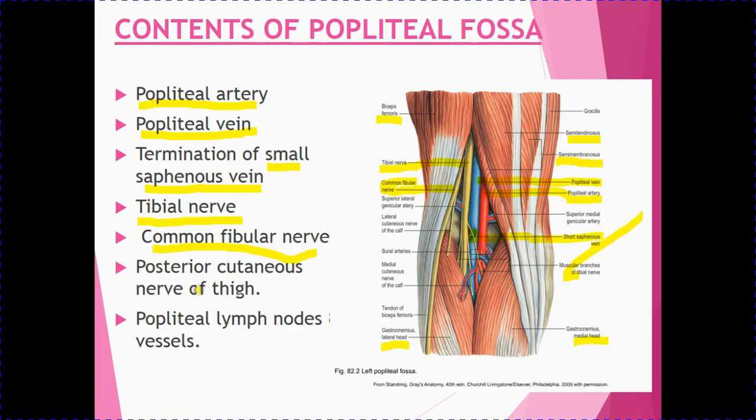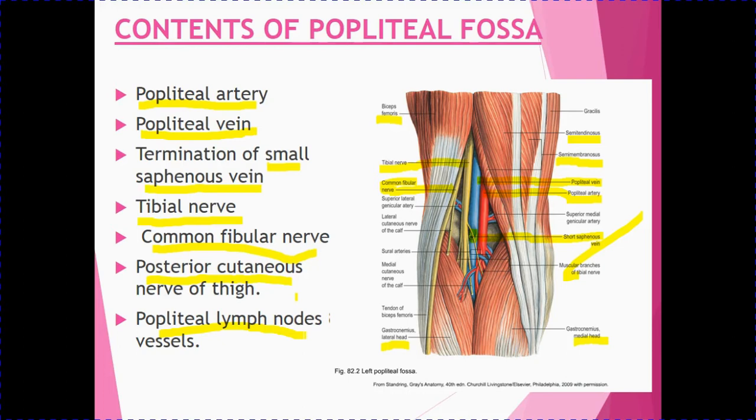Then you have the posterior cutaneous nerve of the thigh, which is not seen in this figure, but it was seen in the deep fascia. Remember, I told you that in the deep fascia there is the posterior cutaneous nerve of the thigh, and there are the popliteal lymph nodes. So these are the contents.